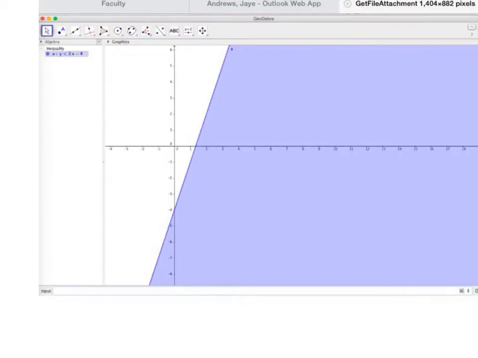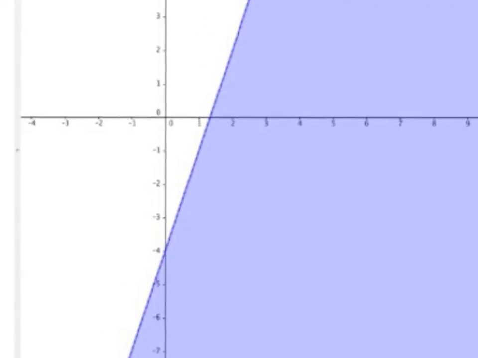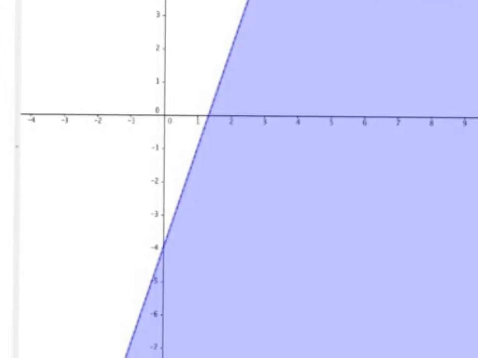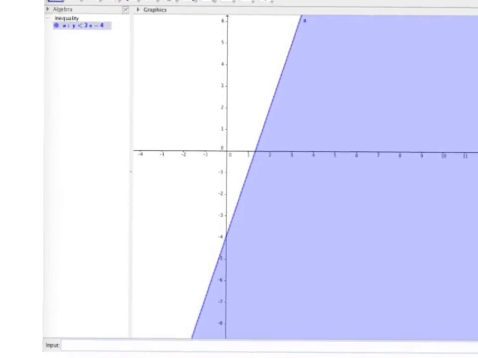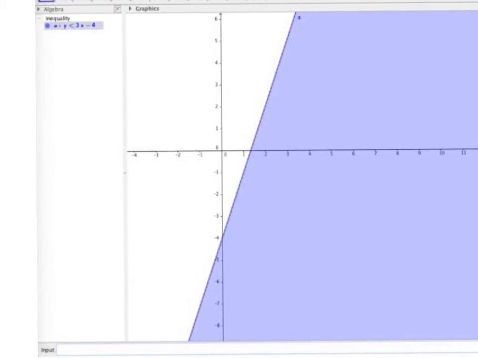If you look really closely, let me zoom in, see it's a dashed line, and that means that any point in this region right here makes the inequality y is less than 3x minus 4 true.